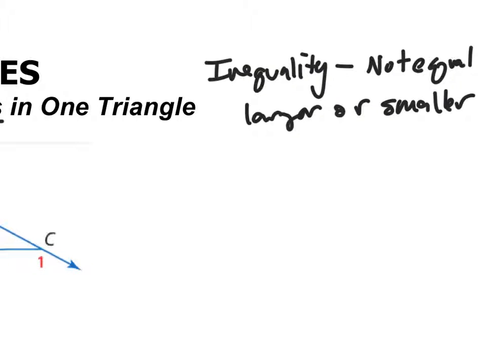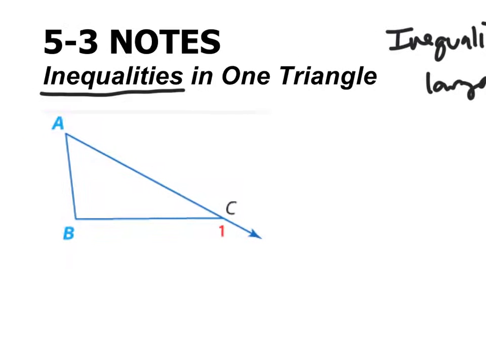Okay, and so what I want to do is take a look at this picture of the triangle that we have, and I want to note that what I have here at angle 1 is the exterior angle. I'm going to draw in angles 2 and 3 here.